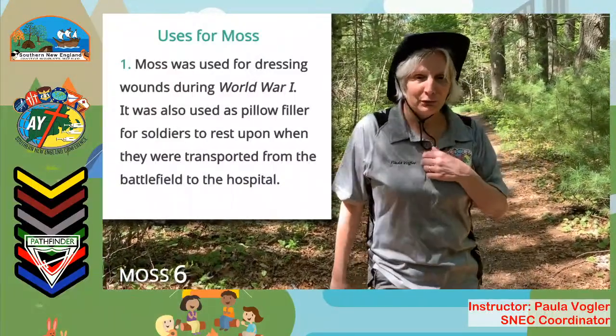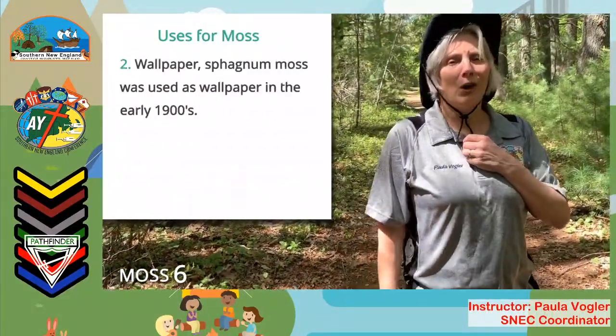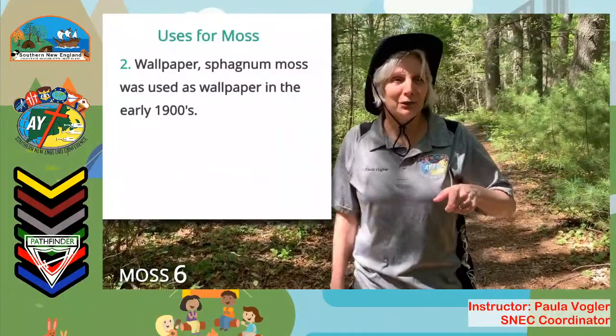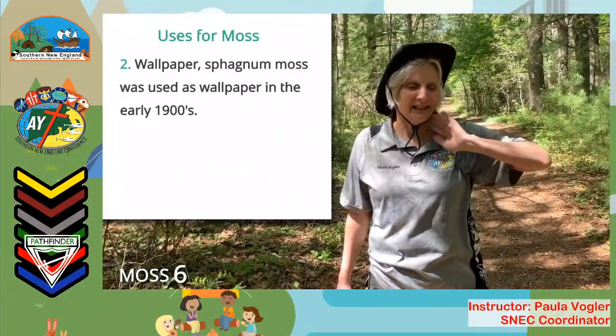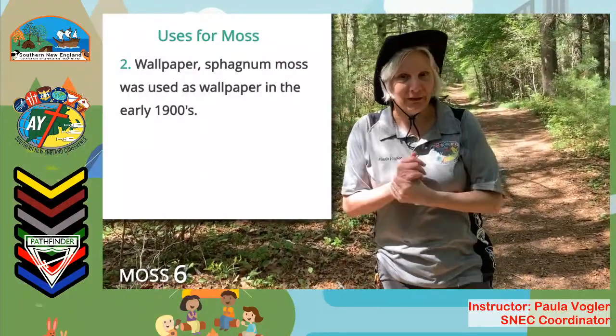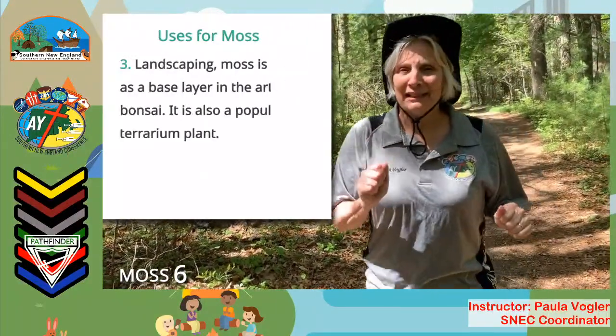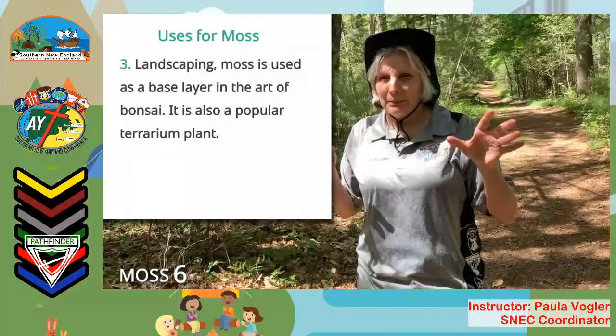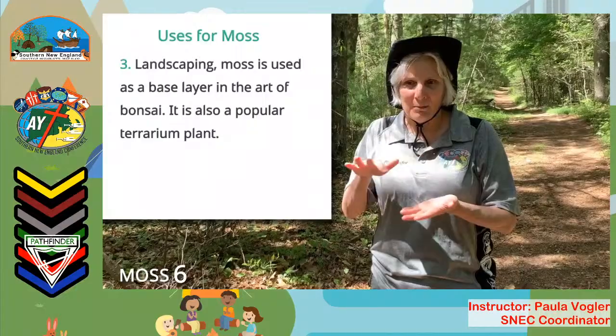What else is it used for? Wallpaper. Yes, seriously, a certain kind of moss they used for wallpaper in the early 1900s. Don't know that I'd want that on my wall, but whatever, that's what they used it for. How about landscaping? If you've heard of bonsai plants, bonsai plantings always have moss in there.